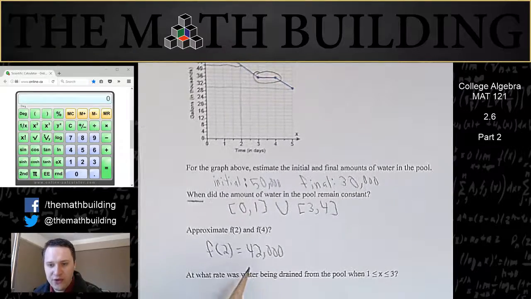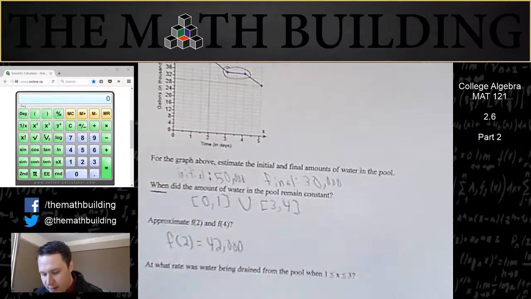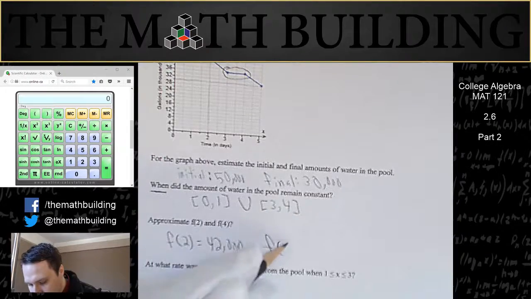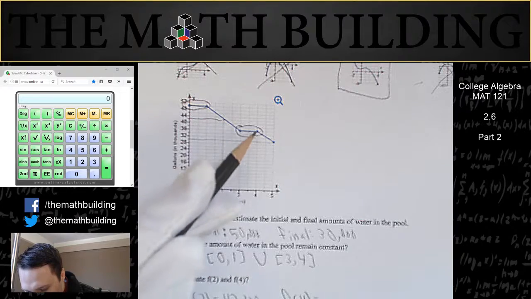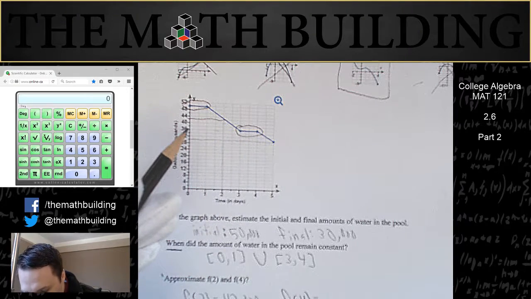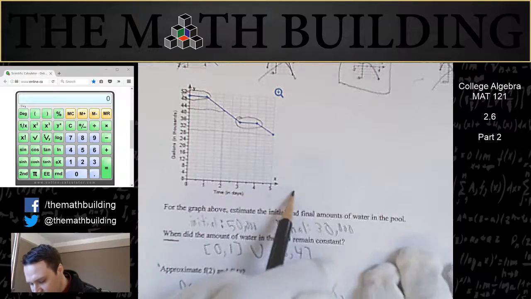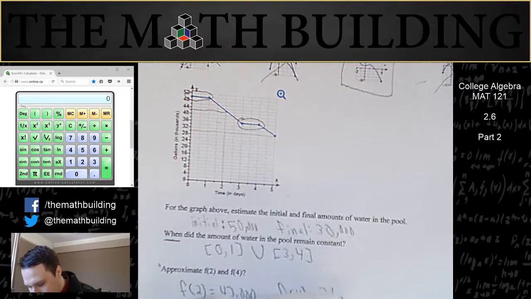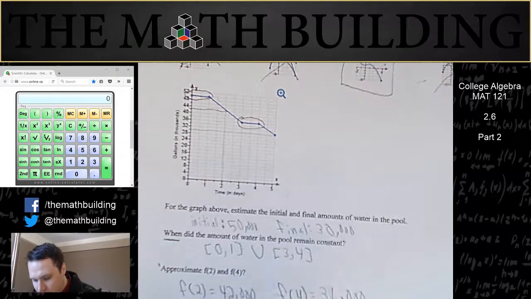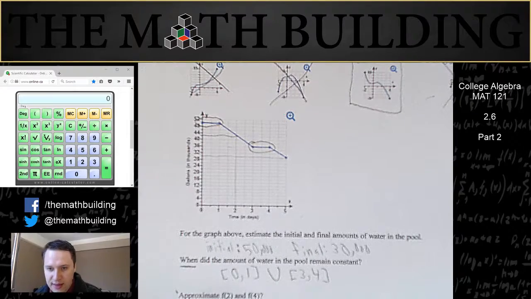If the answer choice says in thousands, then you only need to put in 42 right there. Let's calculate f of 4. So if I plug in 4, I hit this line right here, and when I come across, it looks like that's equal to 36,000. Just like that. So that's how you would evaluate f of 2 and f of 4 as they give them to you.